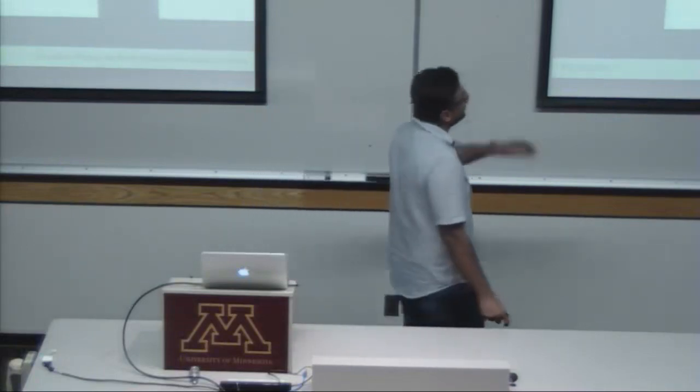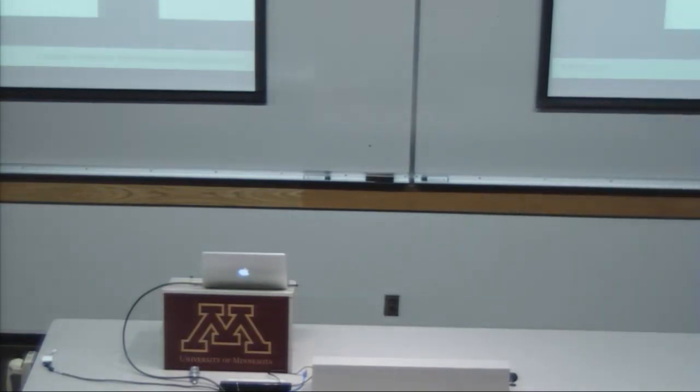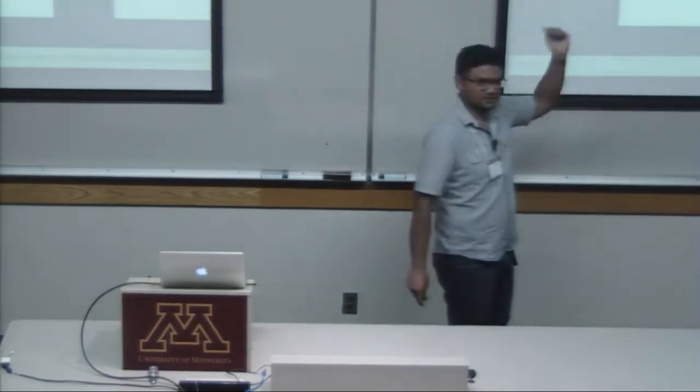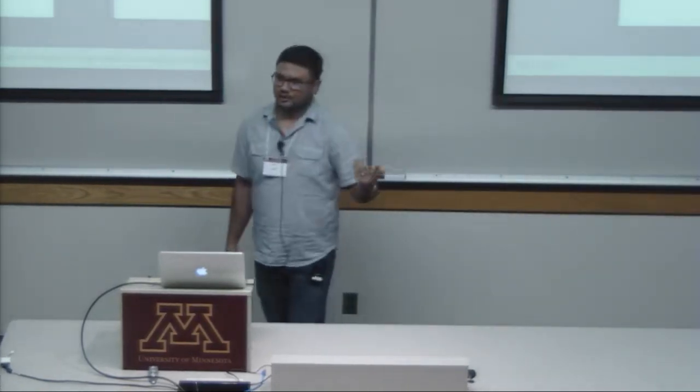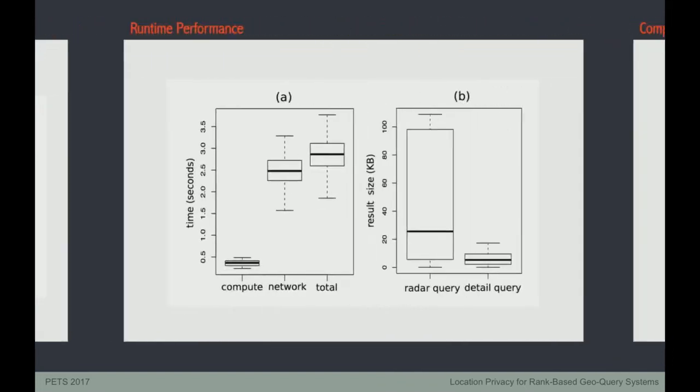The point to take is that the chance of getting 8 or more matches reaches levels like 95%. So one or two misses can happen. When you do miss them, you will see that the misses happen mostly in the lower ranked results. It's not that you miss higher ranked entities, and that's what we are trying to show here. This is the rank of the missed objects.